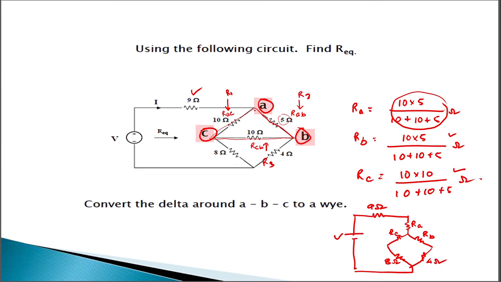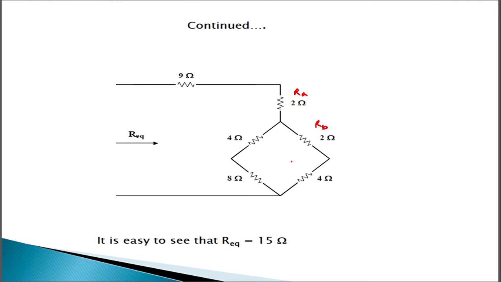RA and RB values are the same, and RC has a different value, and this is the complete circuit. Now solving this circuit is quite easy because this portion of the circuit we can consider as a series circuit. This portion we can consider as a series circuit again.